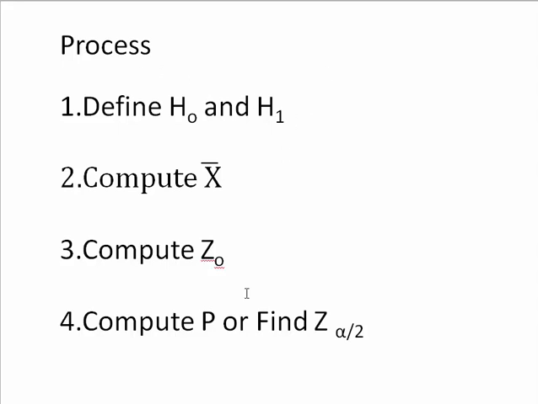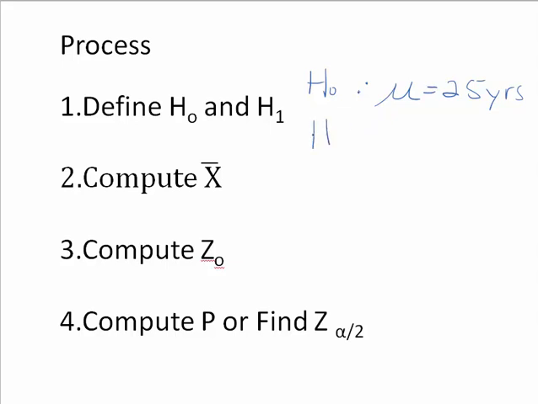So in our case, we're going to define the null hypothesis that the mean lifespan is 25 years. So the mean lifespan of the 747 jet owned by US Airways is 25 years.